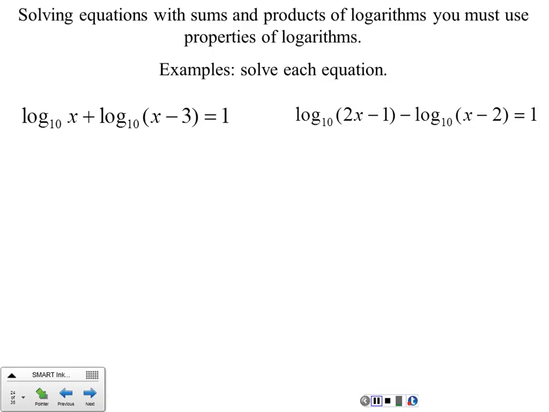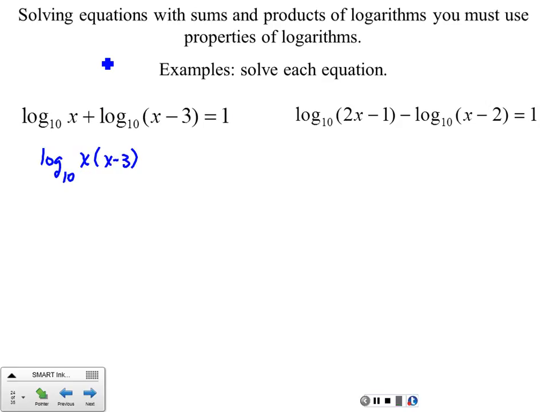So in order to solve an equation, I need 1 log, not 2, I need 1. So what I need to do is consolidate this. I need to express this as a single log. That plus sign tells me it's going to be what? Right, so we're going to have log base 10 of x times x minus 3.